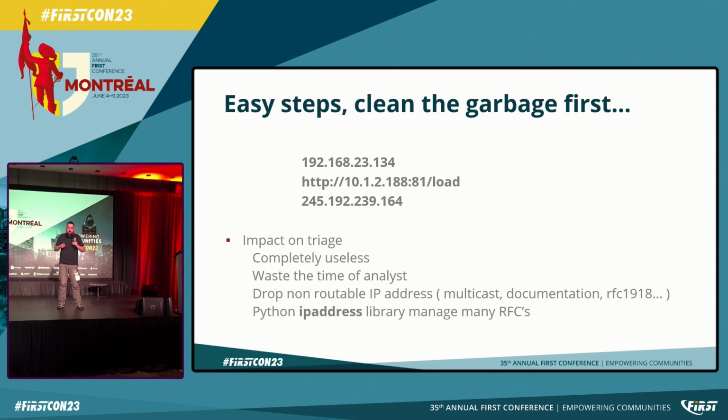It knows also already RFC 1918, a lot of IP ranges, multicast, and so on. So these two steps are quite easy. Everybody may do that. If you are using MISP for this one, you have also some warning lists and so on. So it's not a problem.